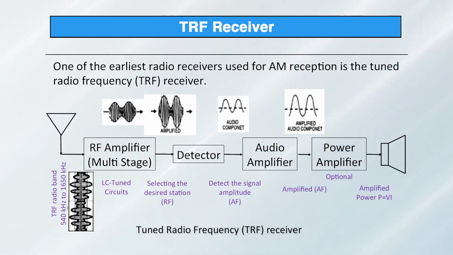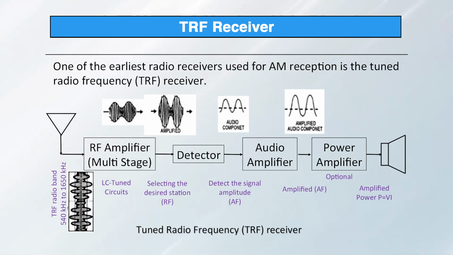There are different types of detectors that can be used. The first one is a diode detector, often used in the early TRF receivers, where a diode rectifies the RF signal to extract the audio component. Then there is an envelope detector, common in modern TRF design, which utilizes components like a capacitor and resistor to smooth and extract the audio signal.